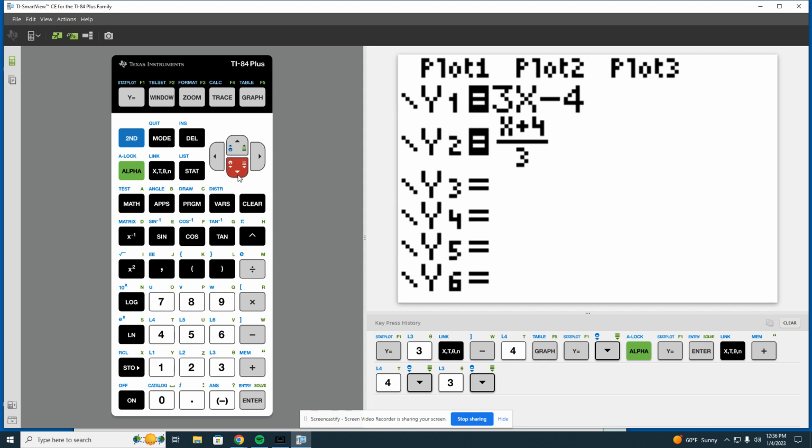Is that all we're going to graph? What else did I say we're going to graph? We're checking to see what? Over what line? So I need to graph y equals x, right? So I'm going to graph y equals x.